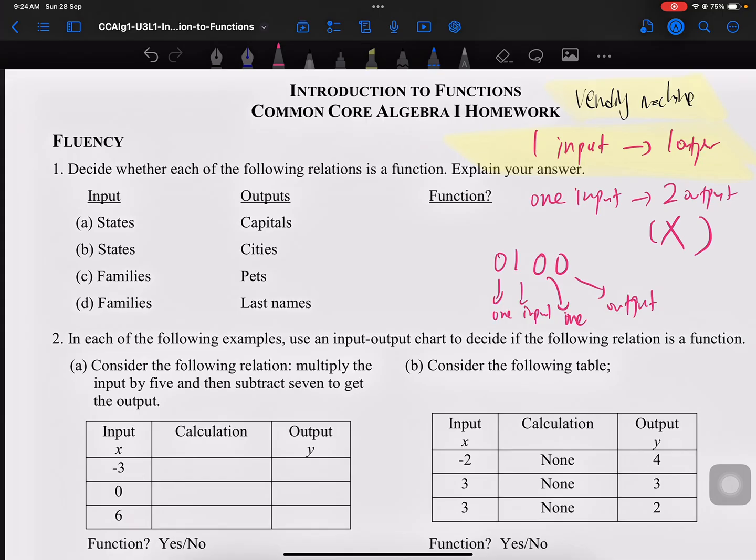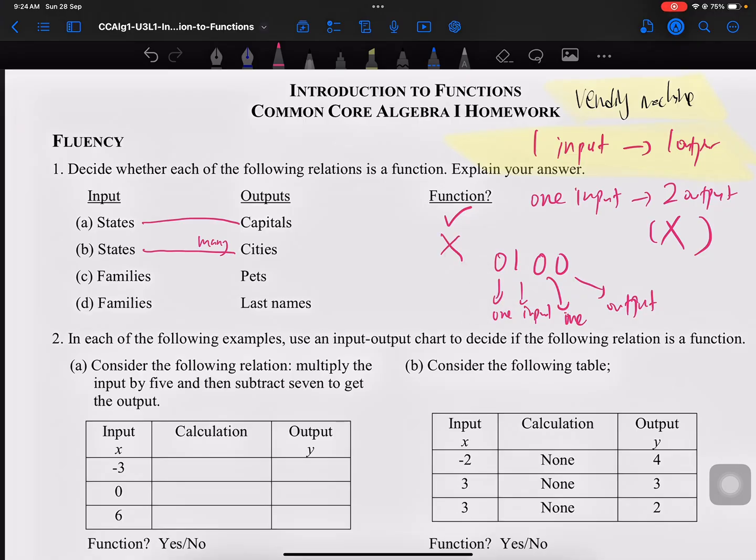Okay, first, decide the relation. A: each state has only one capital. Function? Yes. Each state has many cities. No, not a function.